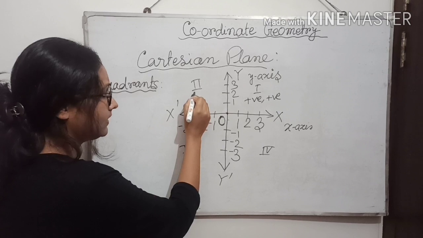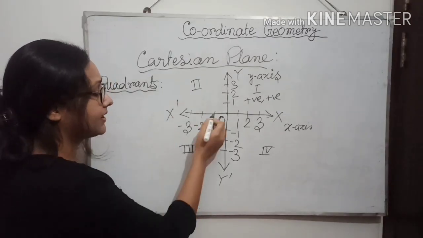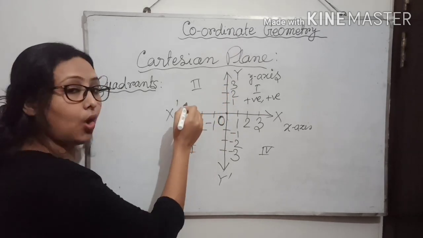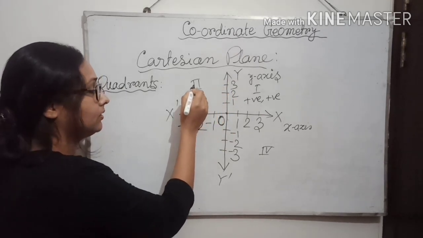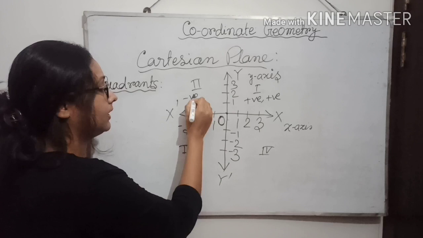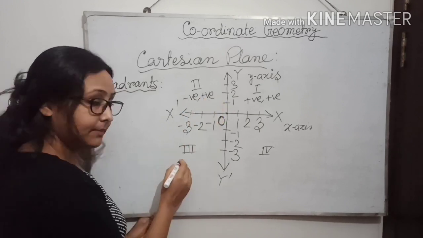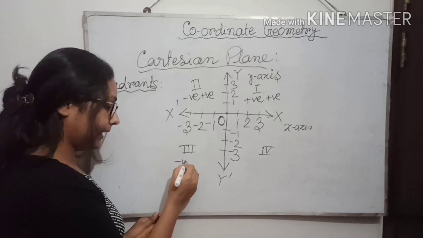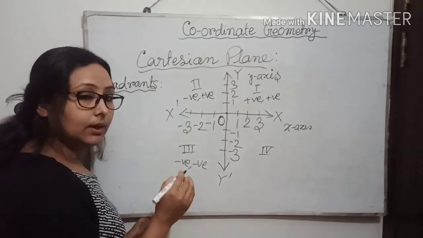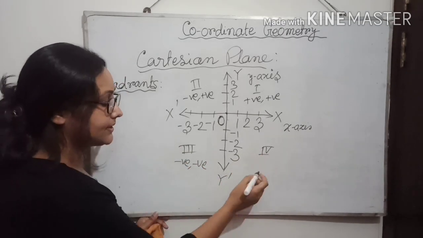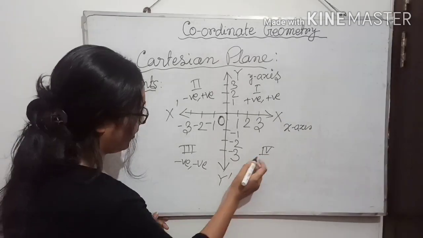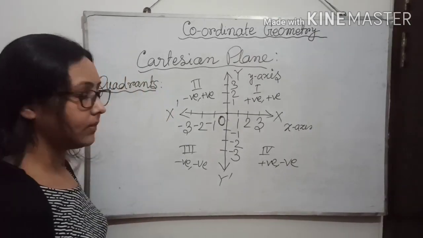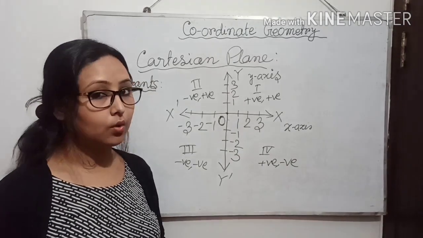Similarly, the second quadrant is formed by the negative x-axis and positive y-axis, so all the points in the second quadrant are of the form (negative, positive). Similarly, all the points in the third quadrant are of the form (negative, negative), and all the points in the fourth quadrant are of the form (positive, negative). So this is the sign convention of quadrants.